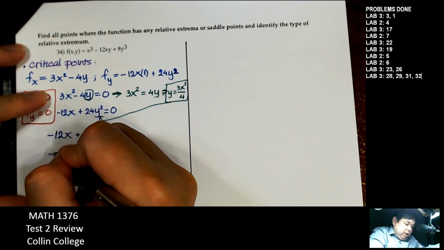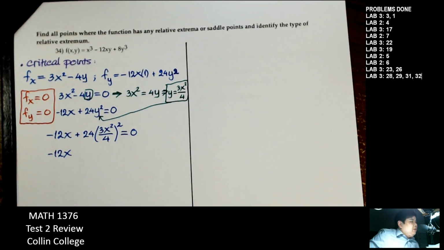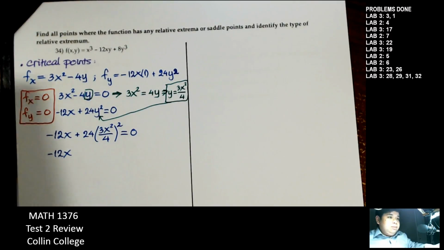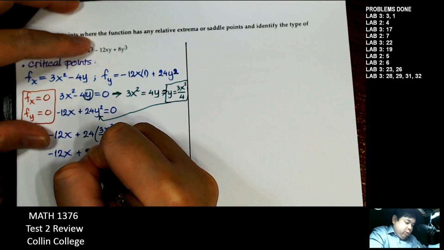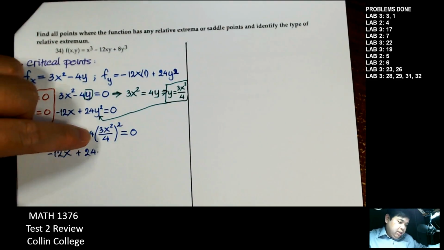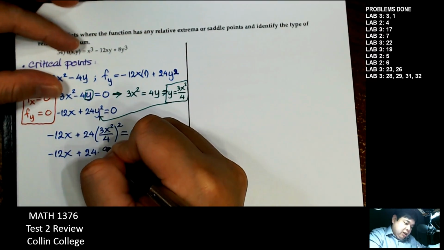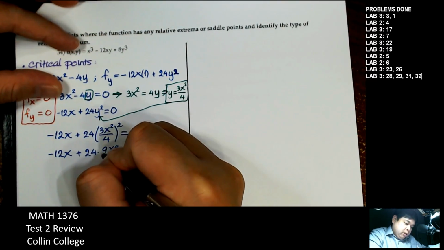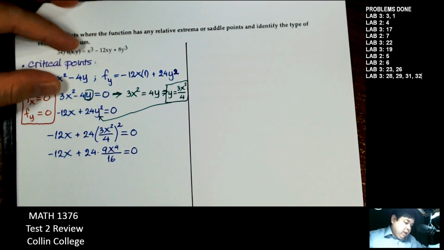I will substitute into the other equation. So that would be negative 12x plus 24 times, we square the top and square the bottom, so it will be 9x to the 4th over 4 squared, 16, equal to 0.